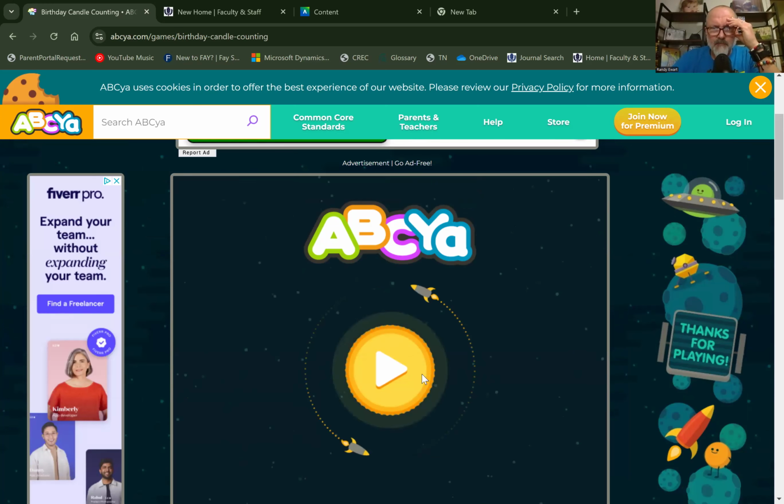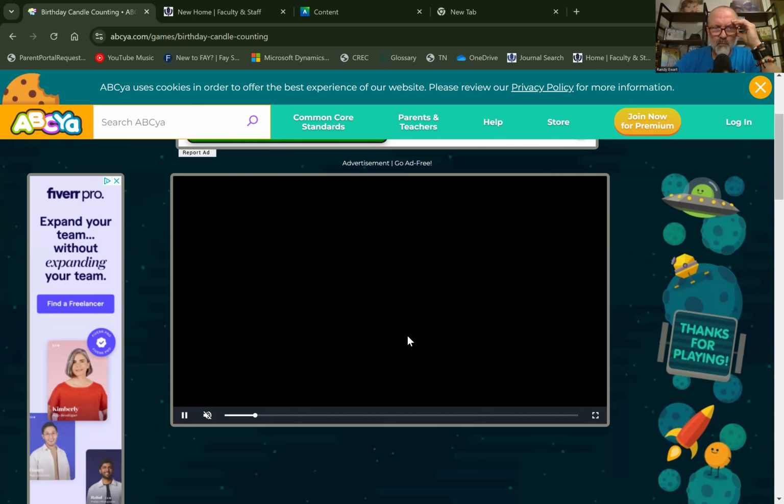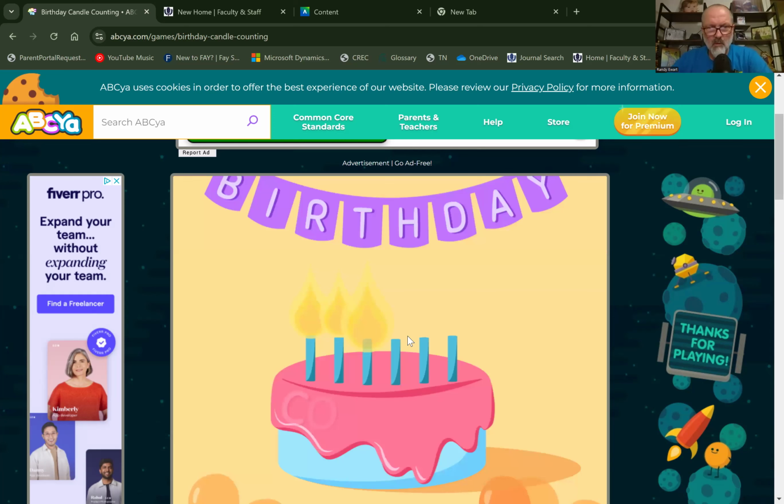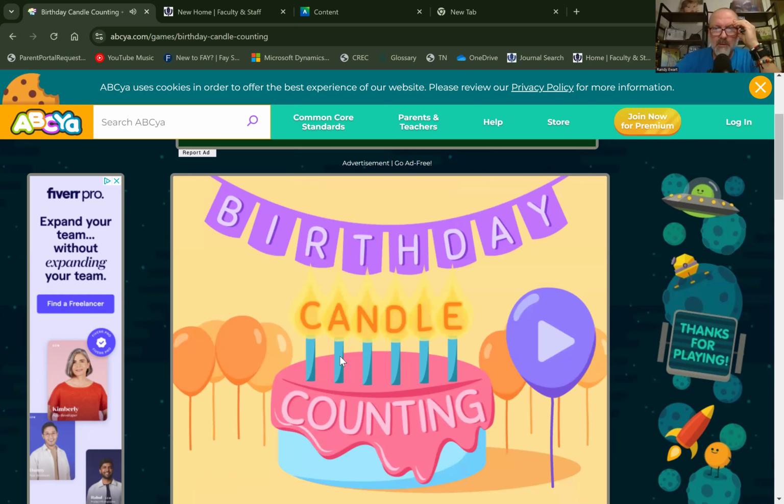Let's see what's on here. Birthday candle counting. All right, so then it looks like you do some more counting, one-to-one and cardinality.